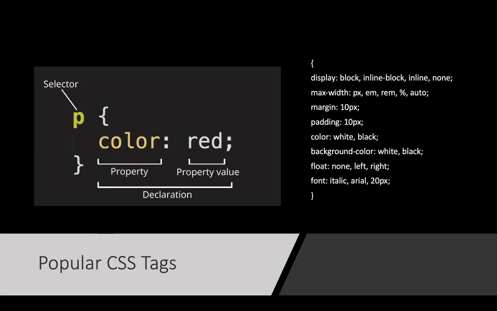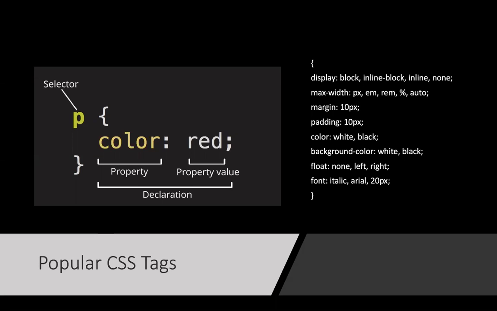Background color is whatever is behind the text, and sometimes it can be in the block that you have set, or it might also be the background of your whole page, depending on where you're placing that CSS. Float also helps you to move around the information on your page. You can bring it to the left or the right, or you can have no float. And then the other popular one is using different fonts.